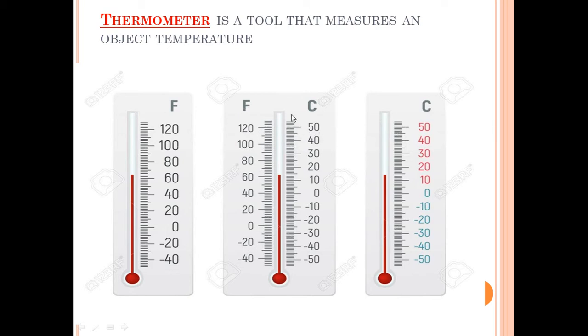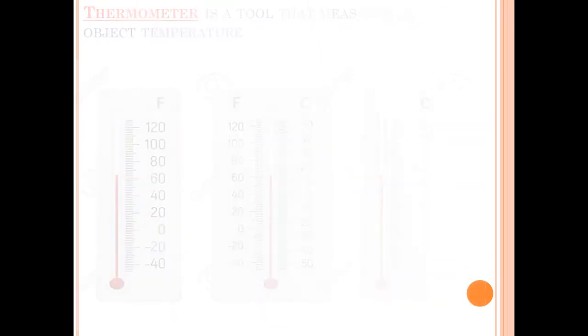And some thermometers have both C and F, which means Celsius and Fahrenheit. So a thermometer is a tool that measures an object's temperature. What does temperature mean? Yes, the measure of how hot or cold something is.